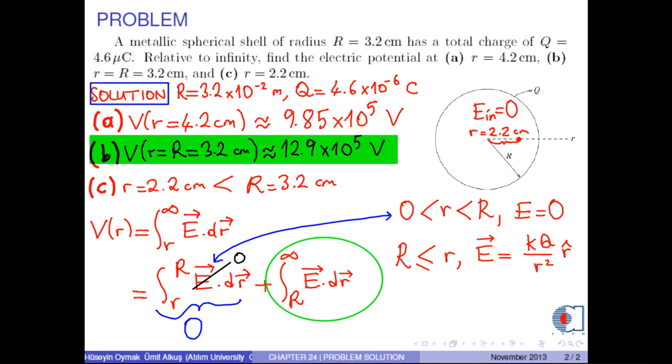And the value of the second part is approximately 12.9 times 10 to the 5 volts as found in part B, that is, relative to infinity, the electric potential at the surface. Finally, relative to infinity, the electric potential at R equals 2.2 centimeters is equal to the value at the surface, which is 12.9 times 10 to the 5 volts.